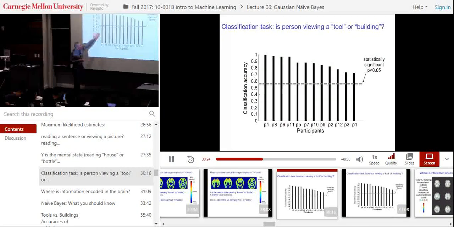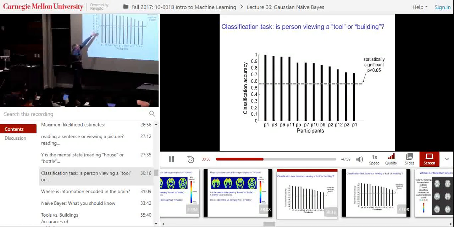Here's the classification accuracy for 11 different people, participants who participated in the study. And this shows the accuracy over a separate test set, separate from the training set, of decoding whether they were thinking about a word that is describing a tool, like a hammer or screwdriver, versus a word describing a building, like tower or palace or house.